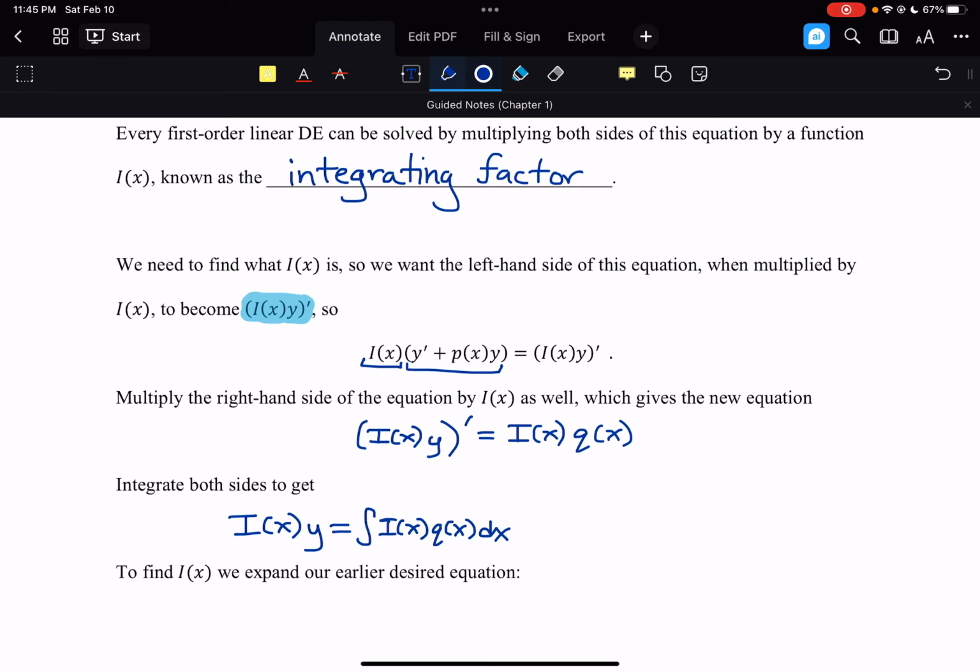And then to solve for y, we would divide by I of x. So we would get our function y of x would be 1 over I of x times the integral of I times q dx.